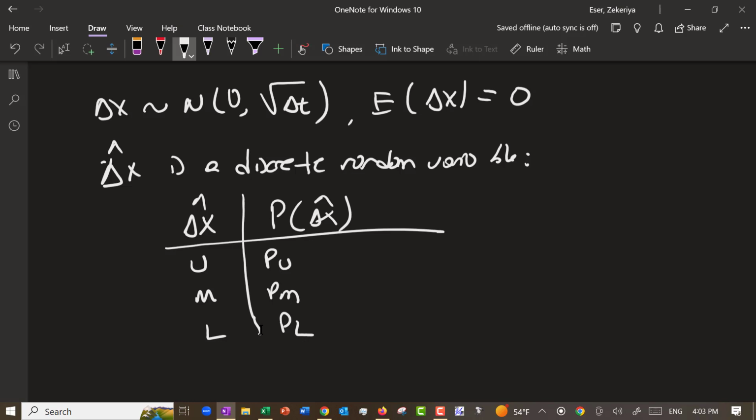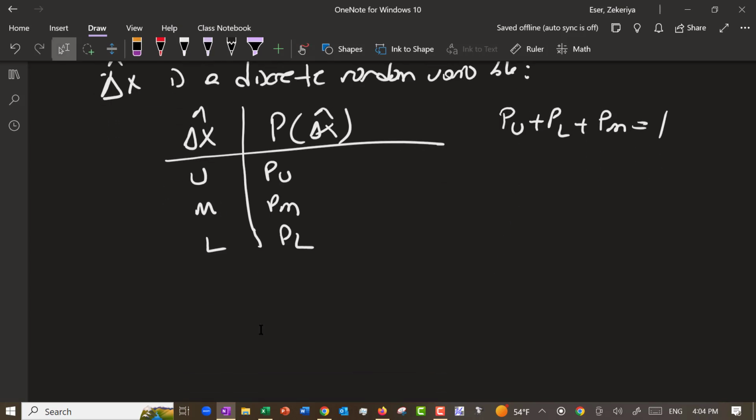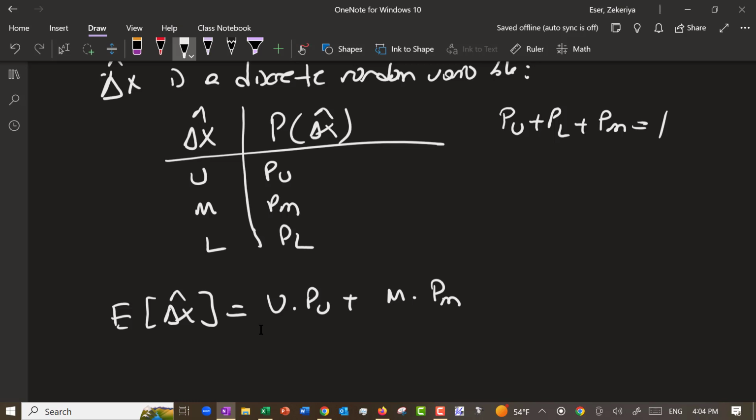First of all, one of the conditions is PU plus PL plus PM equals 1. Okay? So expected value of delta hat x is going to be U times PU plus M times PM plus L times PL, and that has to be 0. So that's one of the conditions.